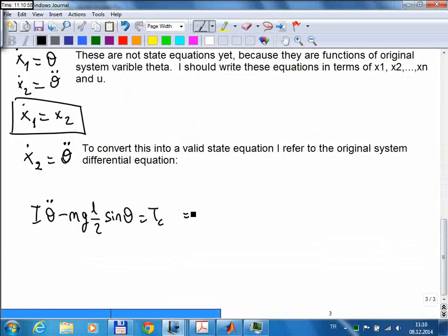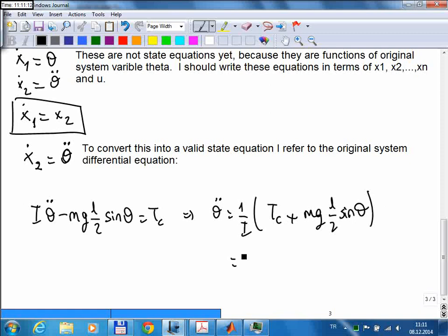So from here I can write theta double dot as 1 over I times Tc plus mgl over 2 sine theta, that is, u plus mgl over 2 sine of x1, right?